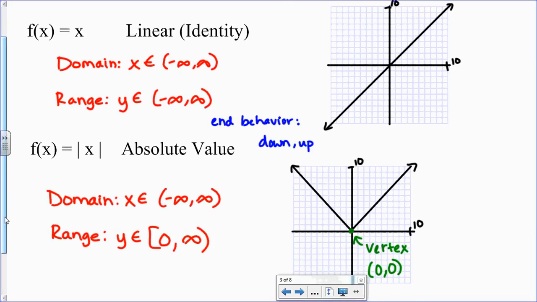Okay, for absolute value, my end behavior, so always left to right. So the left side is up, and the right side is up. Okay, so up, up.